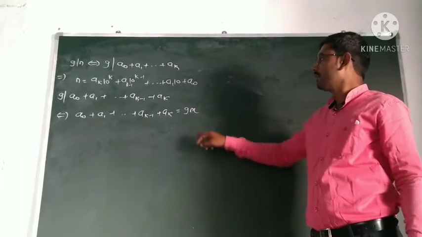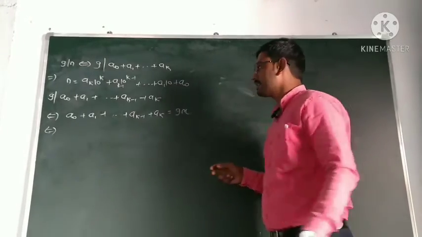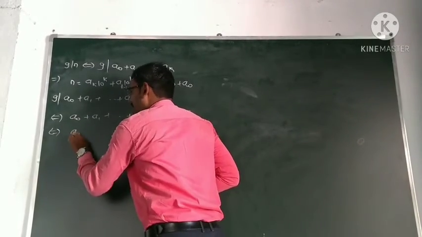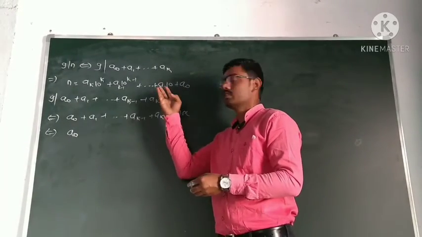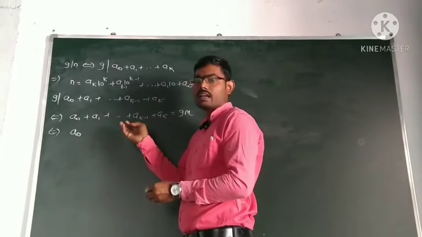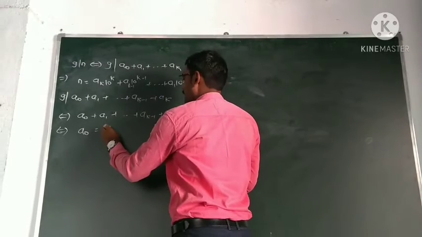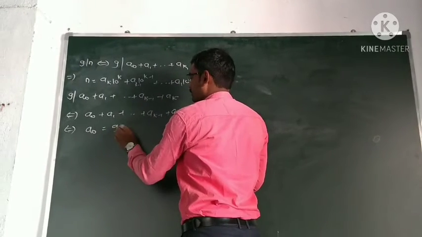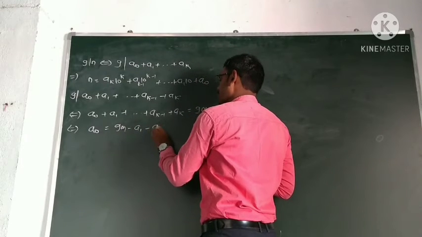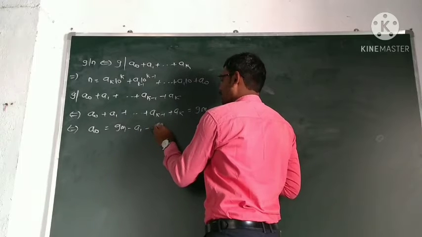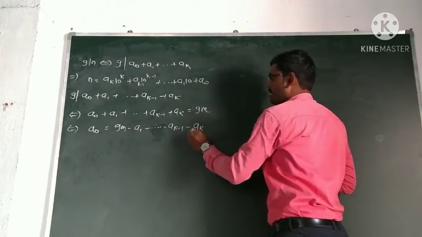Okay. Now again we can write this as, maintaining a_0 on the LHS as we had done earlier in case of divisibility by 3, maintaining a_0 on the left side, and this is equal to 9m as it is, minus a_1 minus a_2 up to minus a_(k-1) and minus a_k.